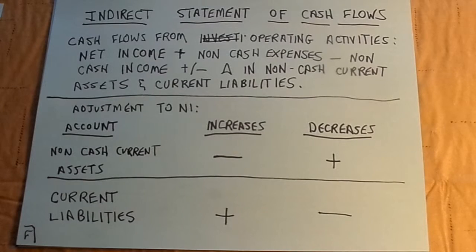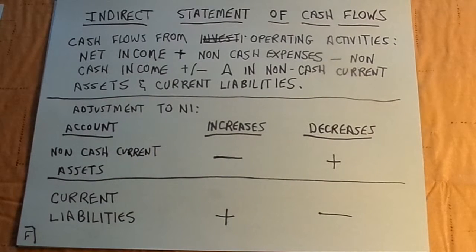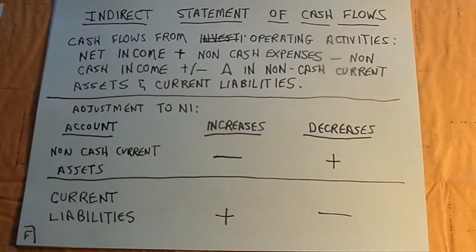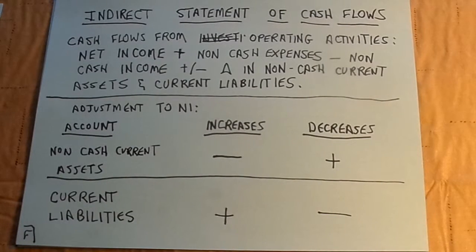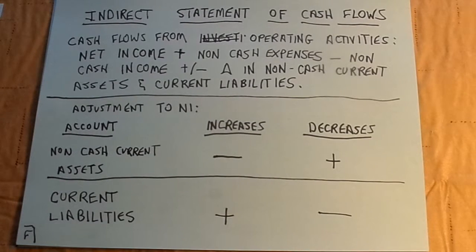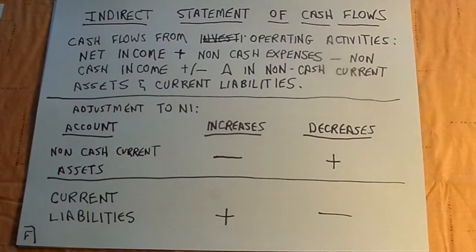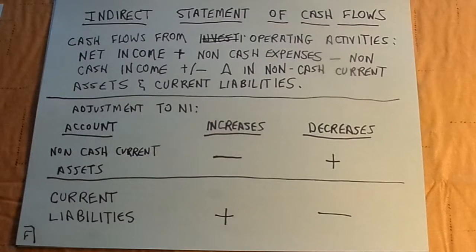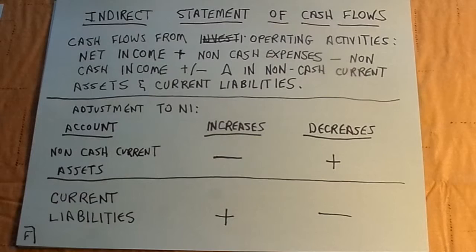The bottom part of this page shows you the same thing that's in your textbook. It shows you how to adjust changes in non-cash current assets or current liabilities as adjustments to net income. So we see that non-cash current assets, if there's an increase in those, we subtract the difference from net income. If there's a decrease in them, we add the difference to net income.